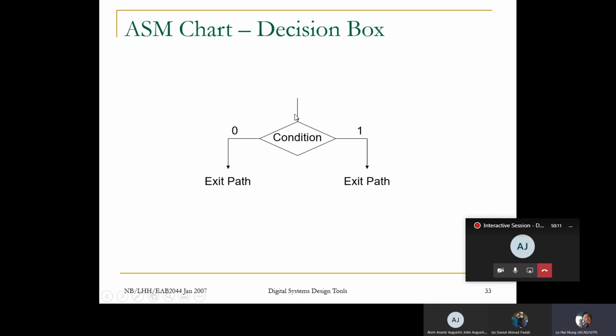The decision box is also the only item in the ASM chart that splits the path. You can see the input path is one and is split into two exit paths. So the decision box is the only item in the ASM chart that splits the path of the ASM chart. All right.